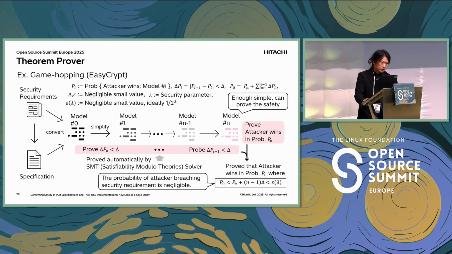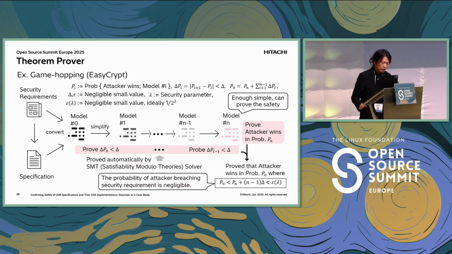This slide shows how the game hopping method works. As just mentioned, it converts security requirements and specification onto some mathematical game model, in this slide number 0. And it requires us to prove its safety ourselves manually.